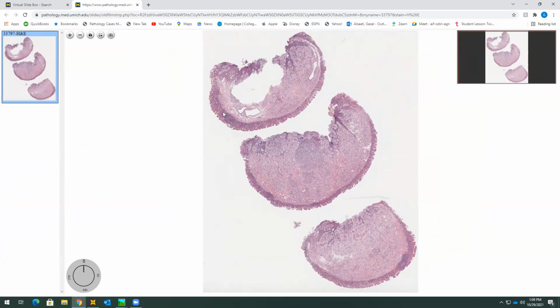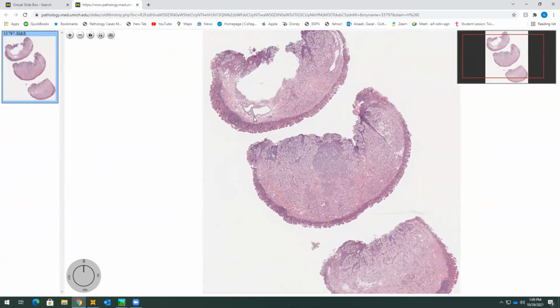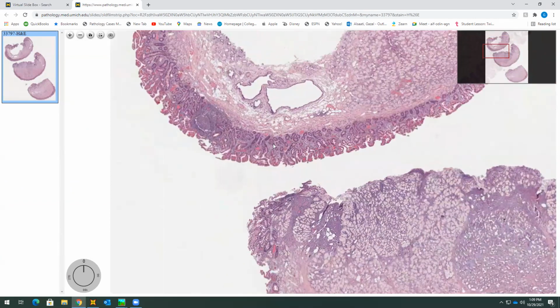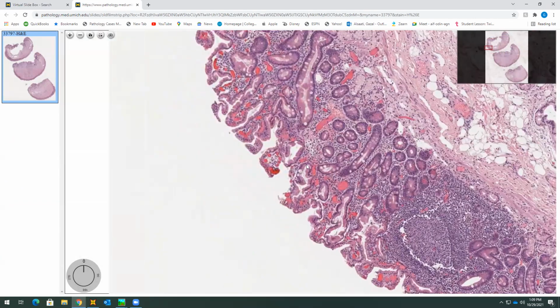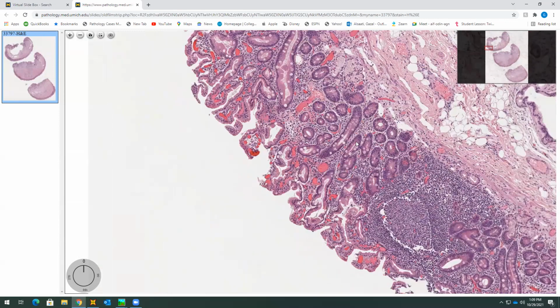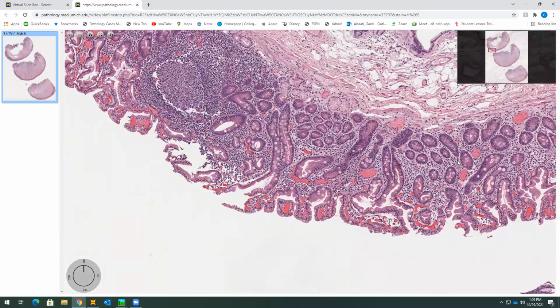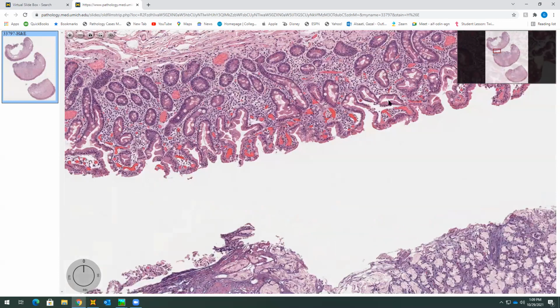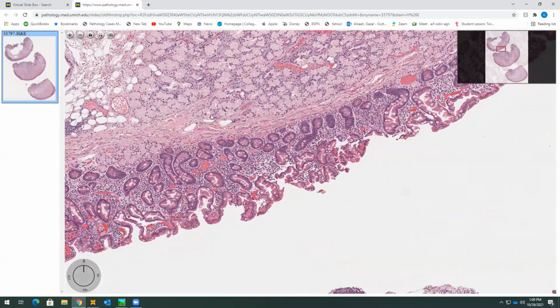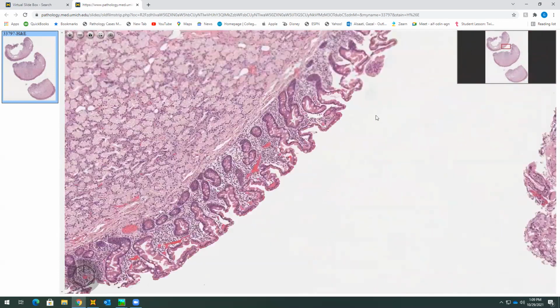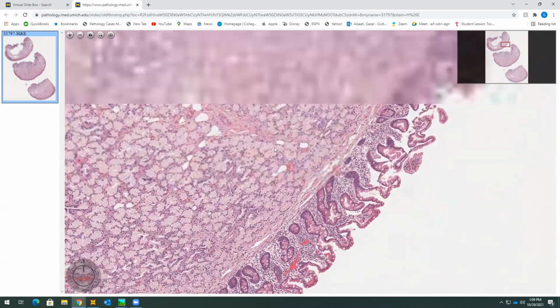And then there is this big nodule within the submucosa. Let's go higher. We have the nice villi of the duodenum and the Paneth cells at the bottom. So we're good. You have a nice lymphoid aggregate. Again, make it a habit to screen your surface before you move on to the elephant in the room.